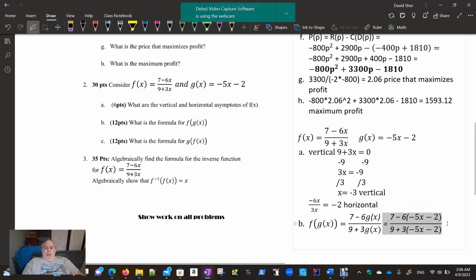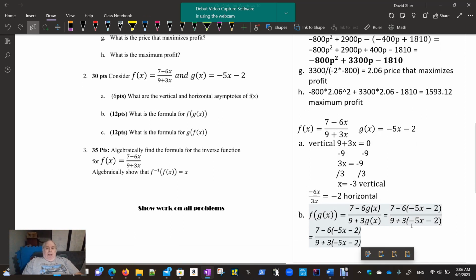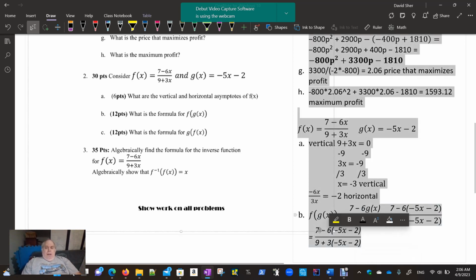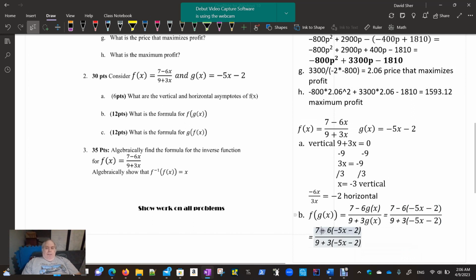I'll distribute the 6. Minus 6 times minus 5 is plus 30x, and minus 6 times minus 2 is plus 12.